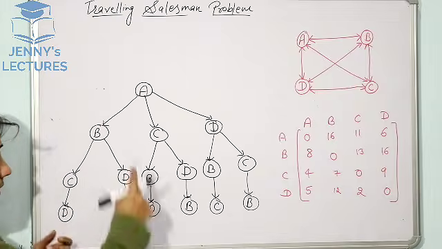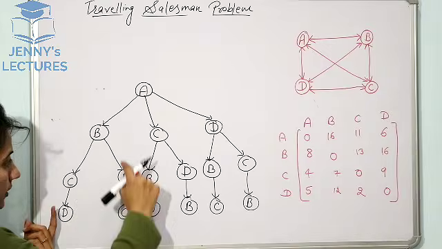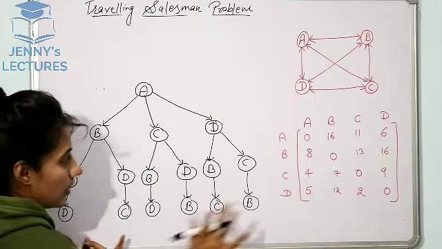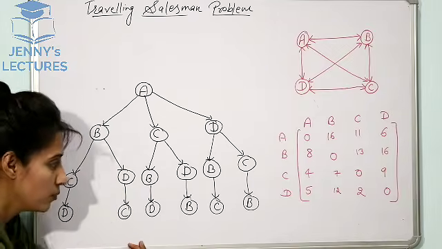So these are the possible paths: A, B, C, D, A; A, B, D, C, A; A, C, B, D, A and so on.